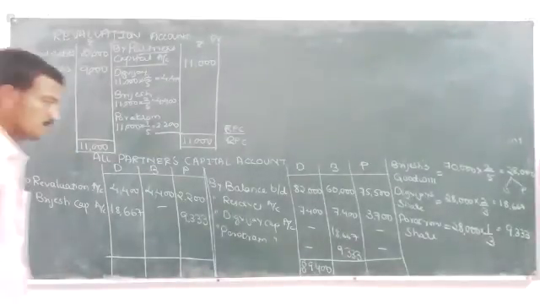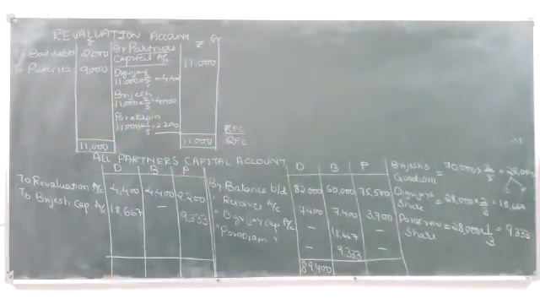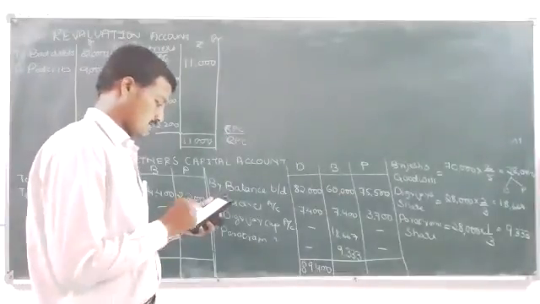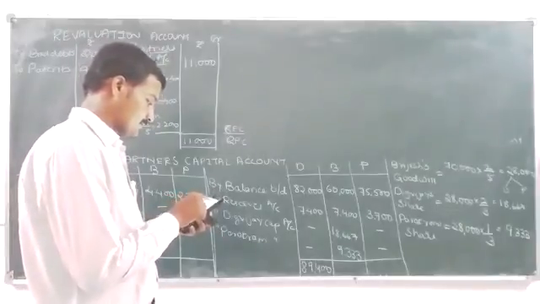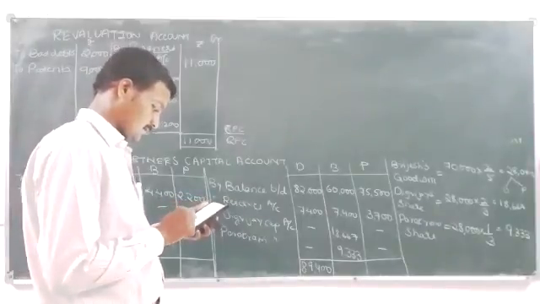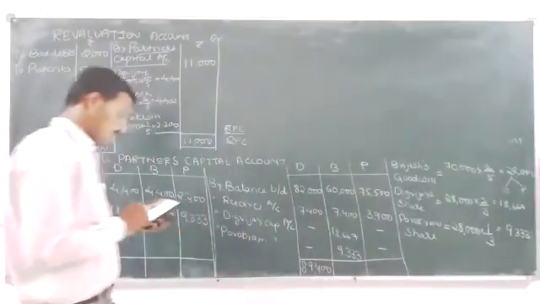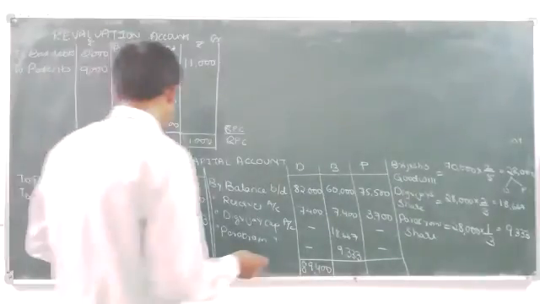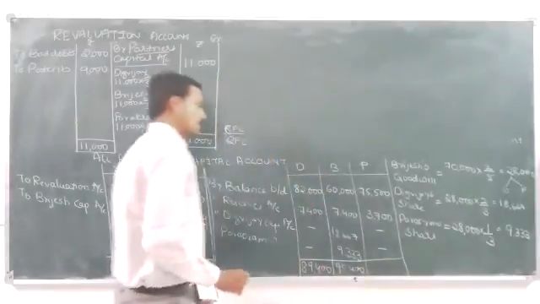Then for the next total, just check how much it will be. 67,400 plus 28,000 is 95,400.